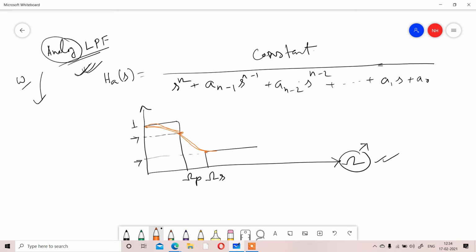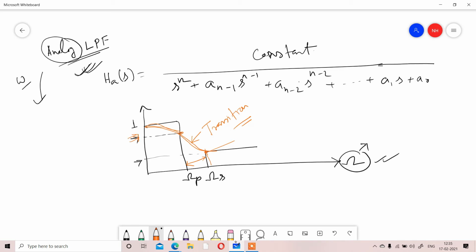And the maximum attenuated range, or simply cancelled range, will be that part, and obviously this part will be your transition band. Your aim will always be to reduce that band. The more you reduce it, the less the error will be.